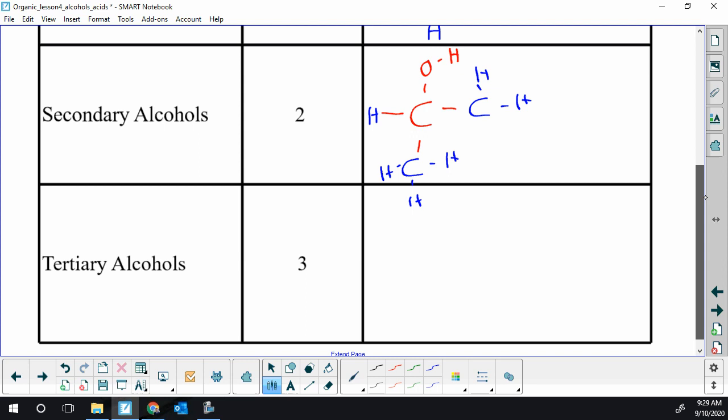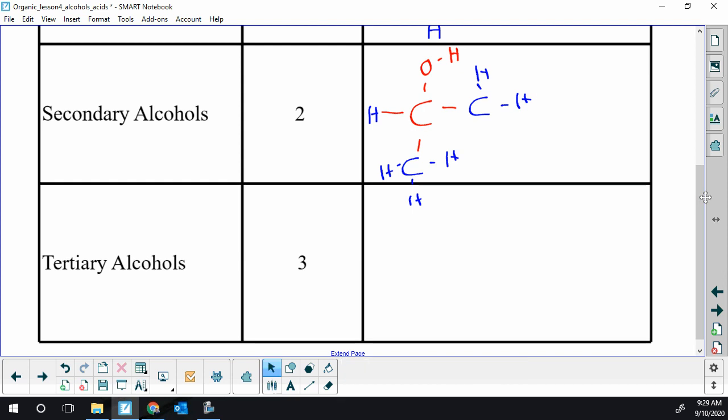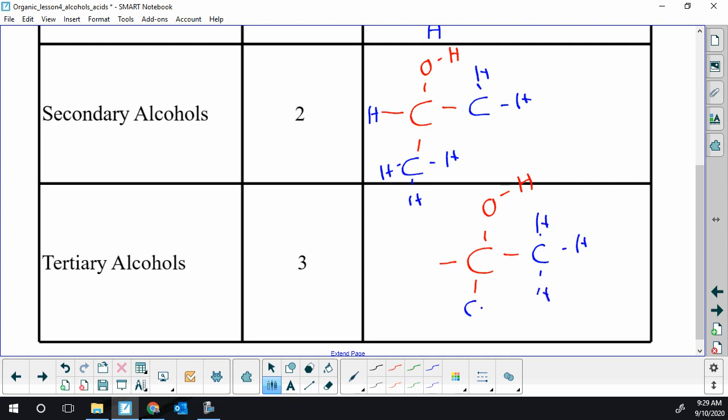Last, tertiary alcohols. There's the COH. There are 3 more bonds around that carbon, and there's a carbon in all 3 of those spots, of varying lengths. The lengths are irrelevant. I'm putting methyls because they're the easiest to draw in limited space.